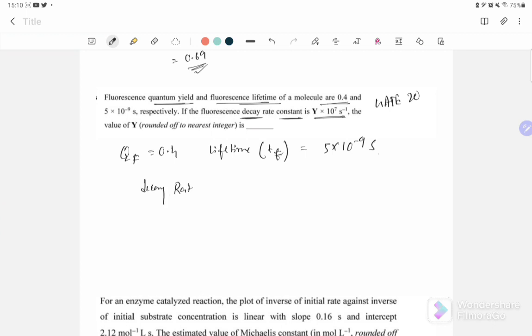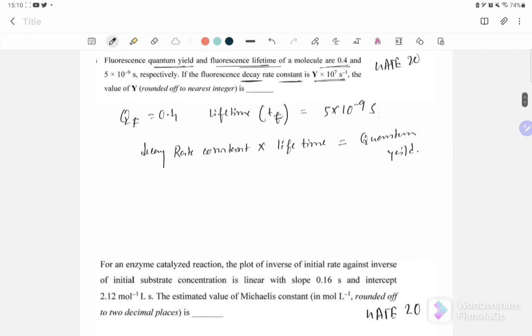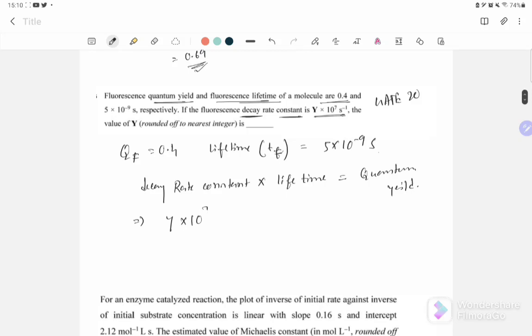So we know that decay rate constant into lifetime is equal to quantum yield. So y into 10 to the power 7 into 5 into 10 to the power minus 9 will be 0.4.